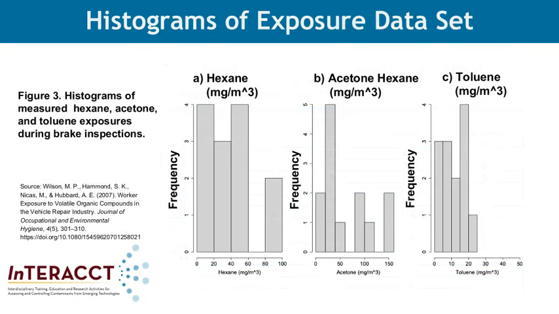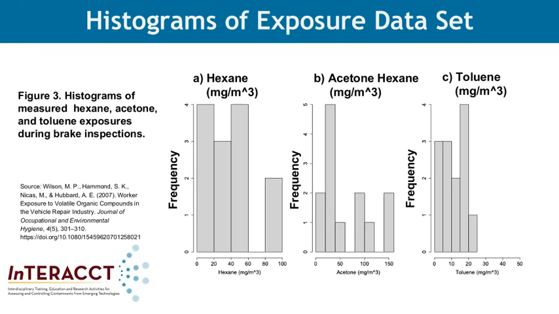One of the first things hygienists do with exposure monitoring data is to look at it graphically, such as with a histogram. This can give us information about whether the data are log normally distributed, among other information. Figure 3 shows histograms of the hexane, acetone, and toluene exposure concentration data from Table 1. As we can see, these histograms are neither symmetric nor bell-shaped.